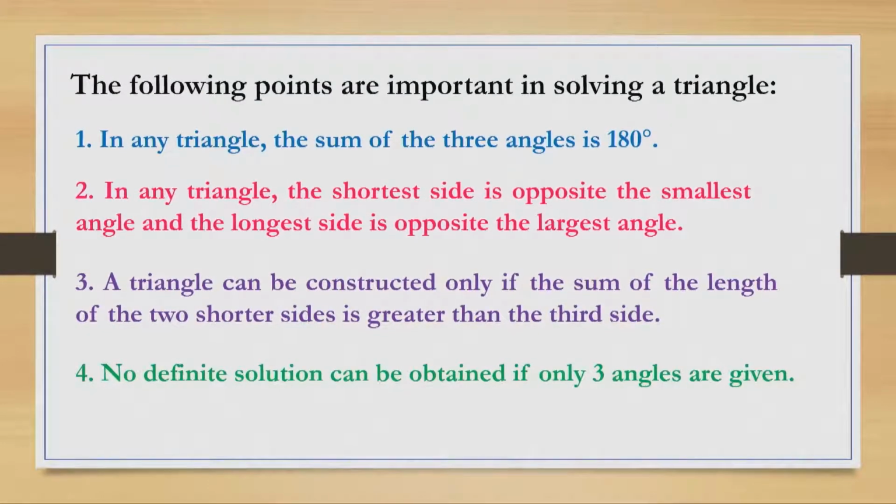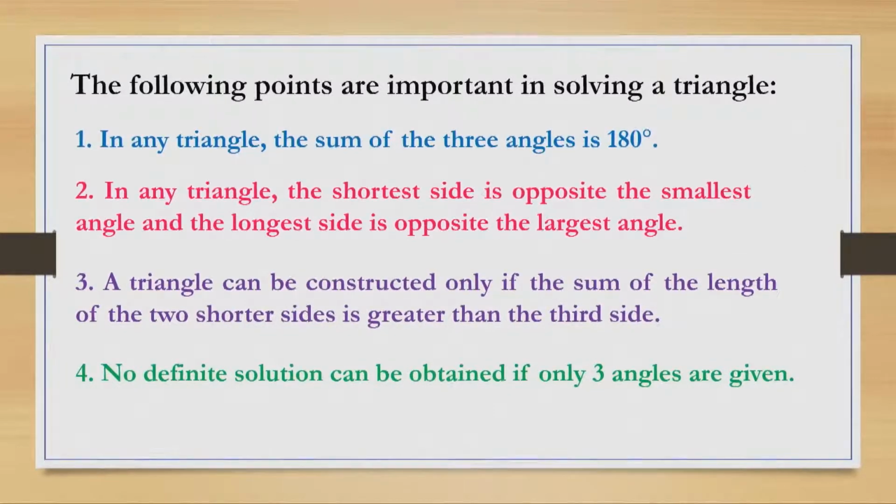The following are important when solving a triangle. Remember, solving a triangle means finding the remaining sides and remaining angles. Firstly, in any triangle, the sum of the three angles is 180 degrees.